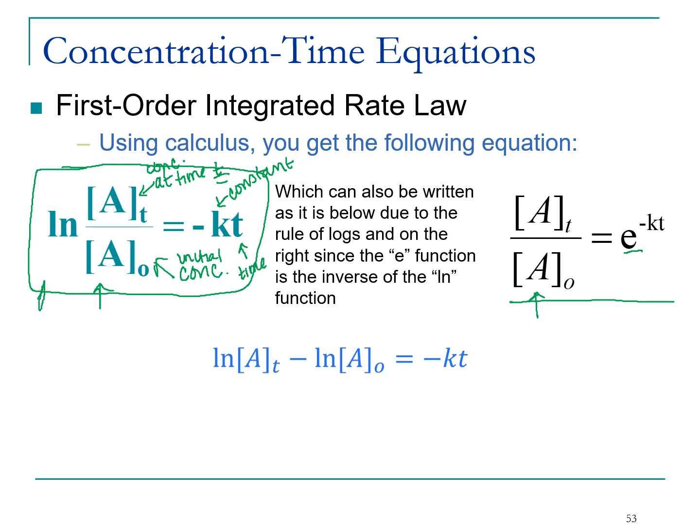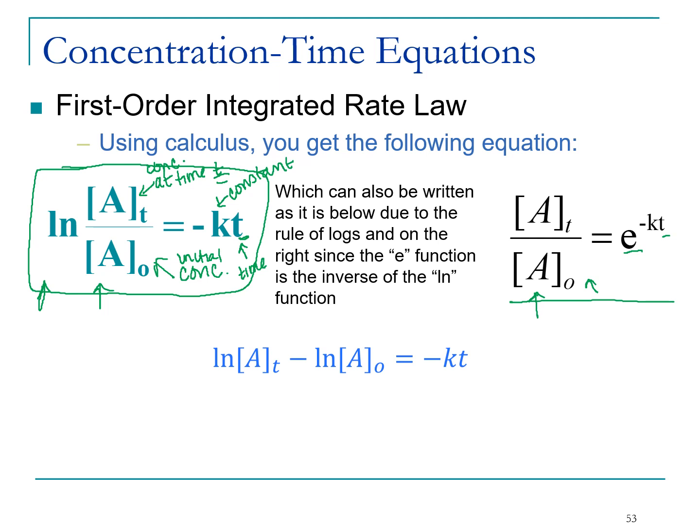This equation on the left is probably easier if you're trying to solve for time. This equation on the right is probably easier if you know time and you're trying to solve for one of the concentrations. But if you're good at math and you're comfortable with undoing these equations, then you don't have to remember all the different versions.